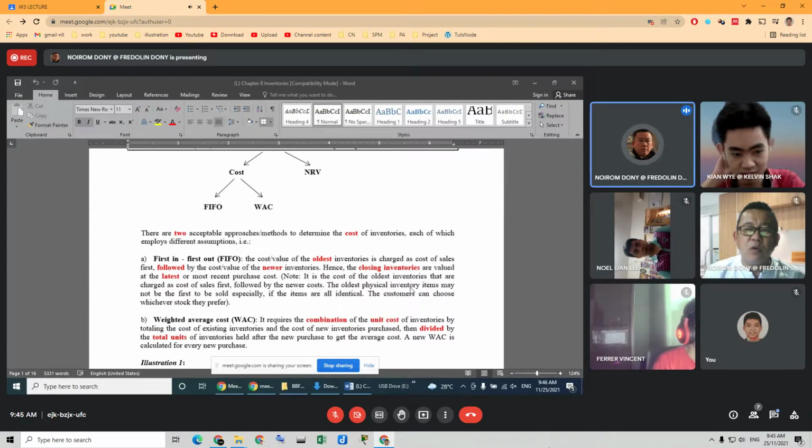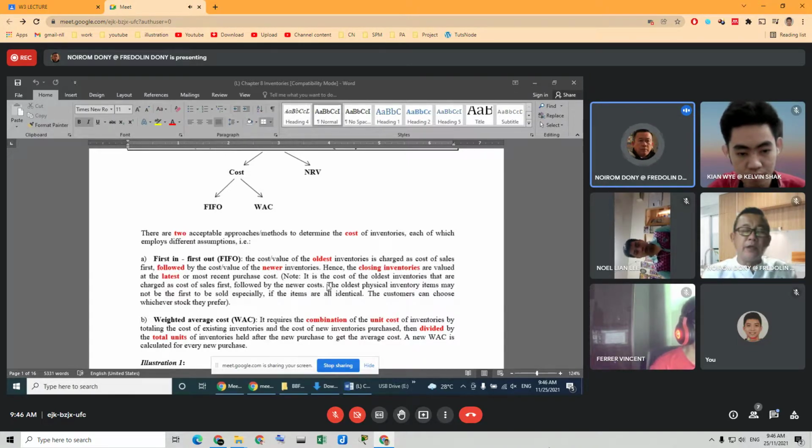The oldest physical inventory item may not be the first to be sold, especially if the items are still identical, so the customer can choose whichever stock they prefer. This is the explanation. So this one is the assumption, and the bracket here is the actual case, what is actually happening.